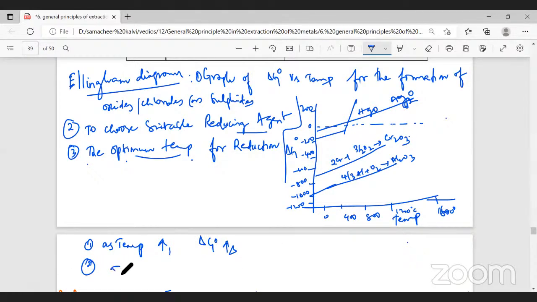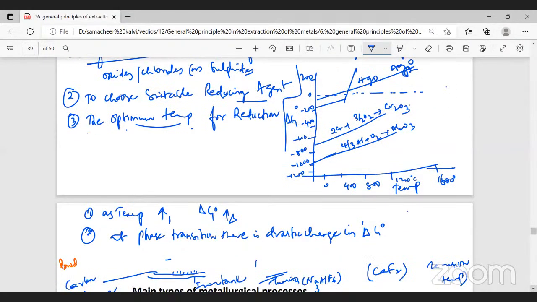Second point, at phase transition, there is a drastic change in entropy. Therefore, there's a drastic change in delta G naught. You can see phase transition. What do you mean by phase transition?